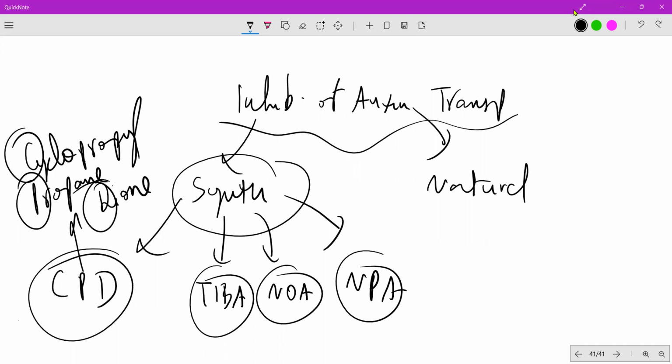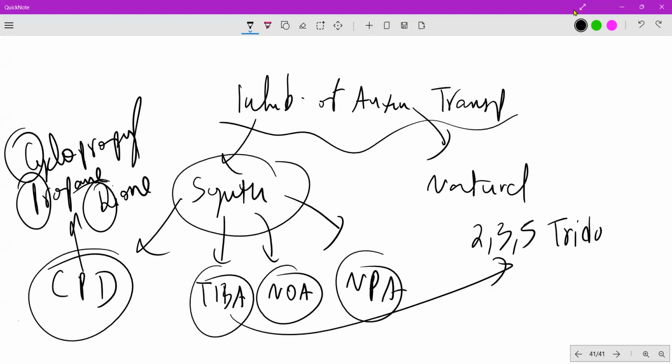Then we have TIBA. What is TIBA? This is 2,3,5-triiodobenzoic acid. Okay. And then we have NOA, which is an inhibitor of auxin transport. This is 1-naphthoxyacetic acid.